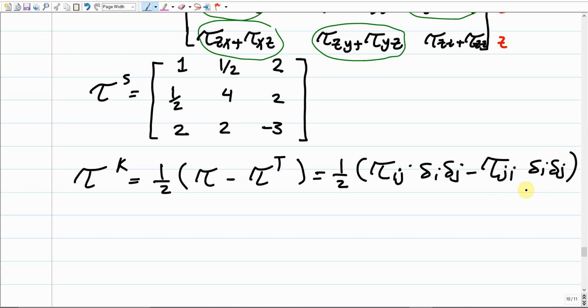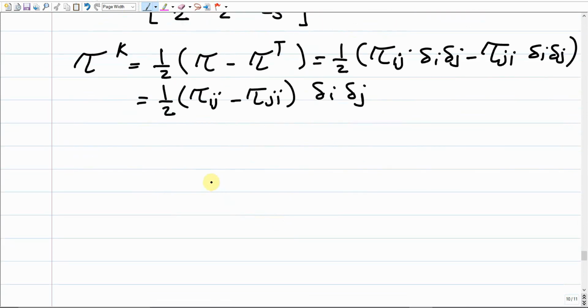Remember that we're just going to keep the unit vector, but we're just going to switch over the components themselves. So we're going to end up with half of the tau ij negative the tau ji, and we're just going to consider the delta i delta j as a common factor.